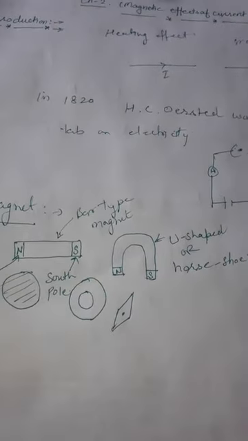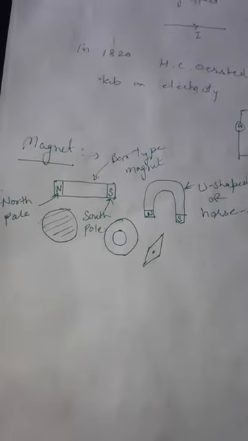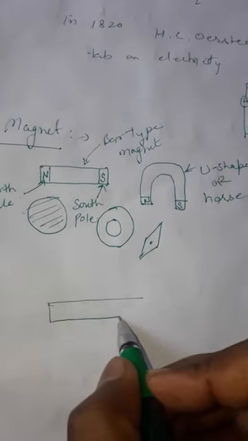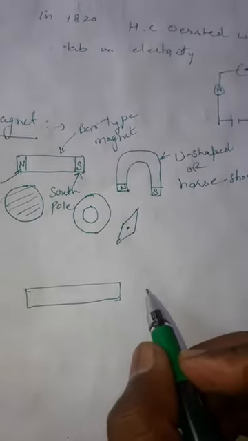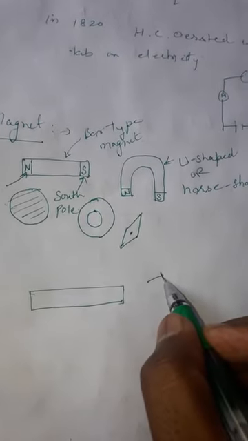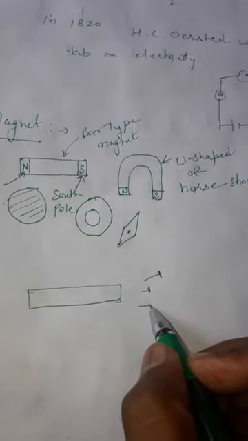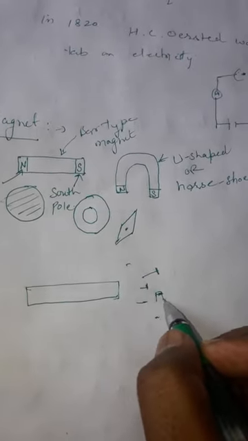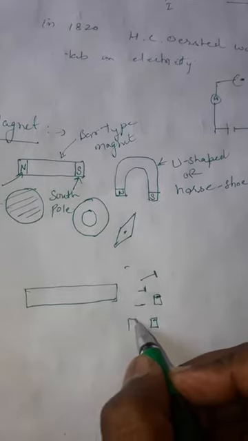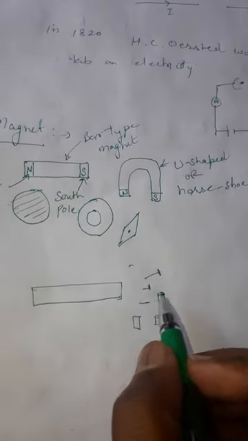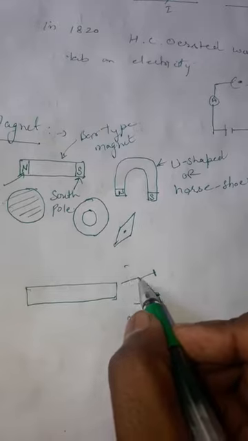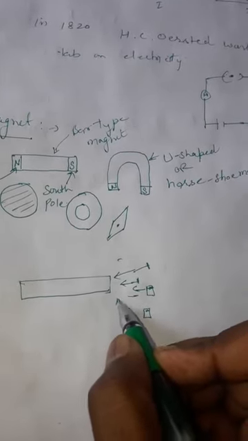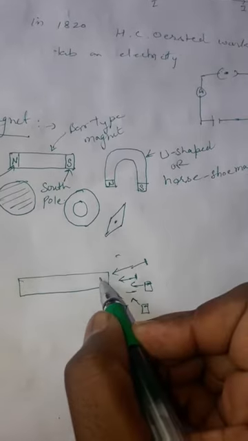Also, if we place some iron needles or pieces of iron near a bar magnet, these iron pieces are attracted towards the magnet.